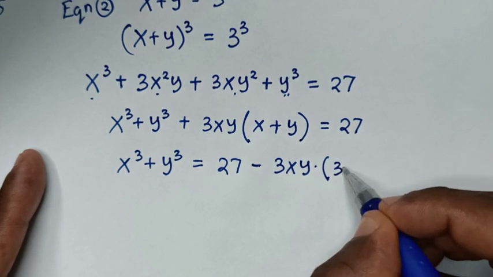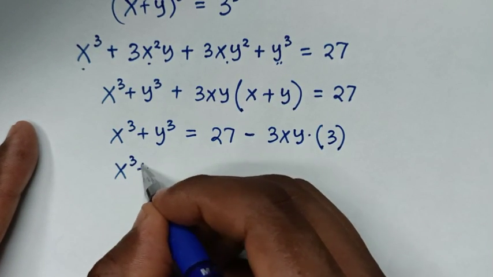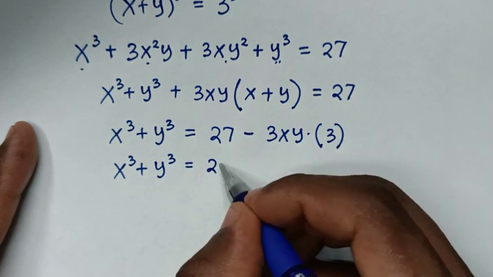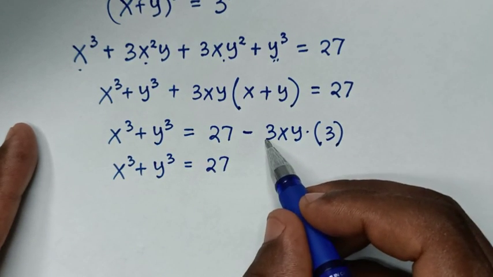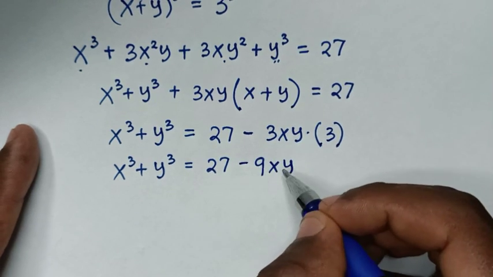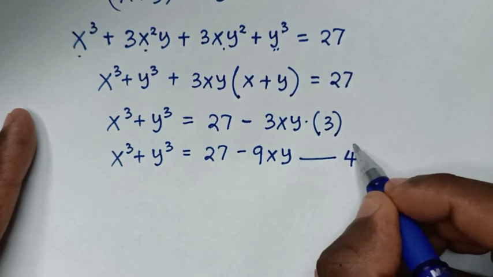So x power 3 plus y power 3 is equal to 27, negative 3 times 3, which is negative 9xy. We call this equation 4.